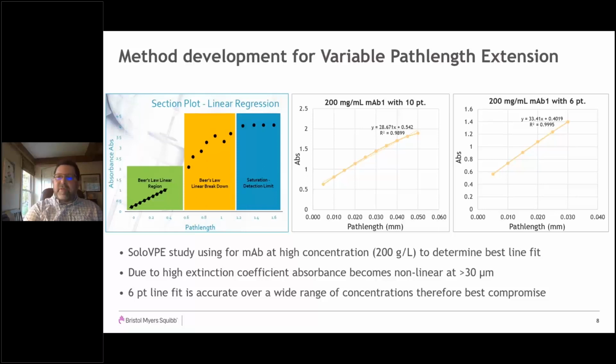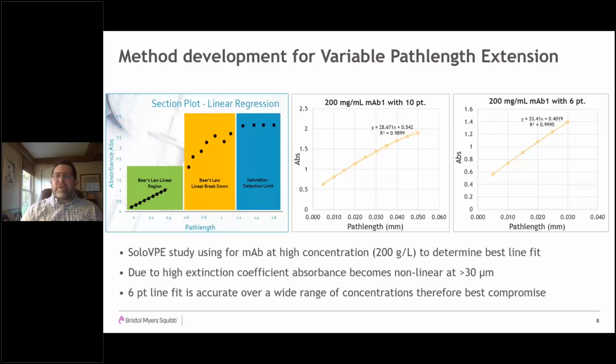It's based on the same technology that the Solo VPE uses, where a fibrate moves up and down into a cell with a detector underneath, shining typically 280 nanometer light, which we would use for proteins. You would use something else for other substances, but we use 280 nanometers for proteins.